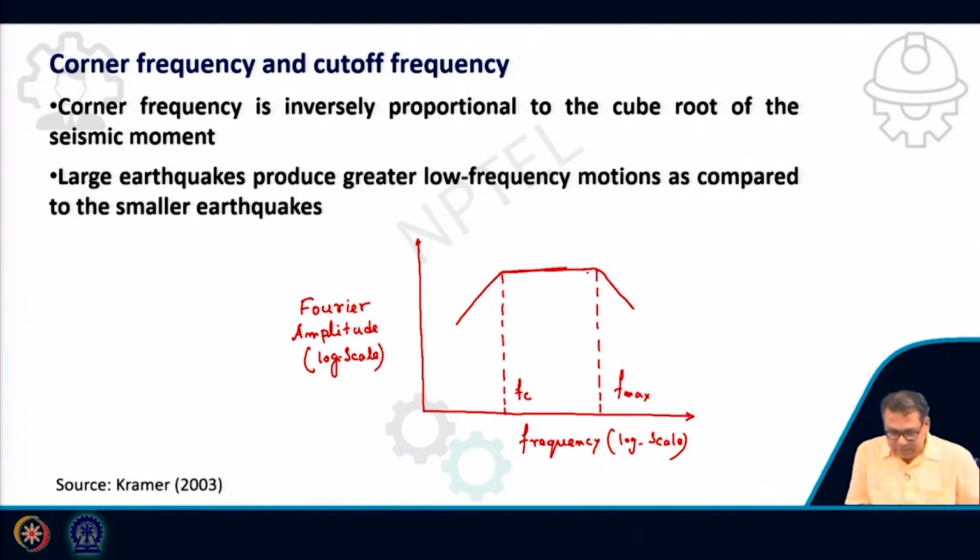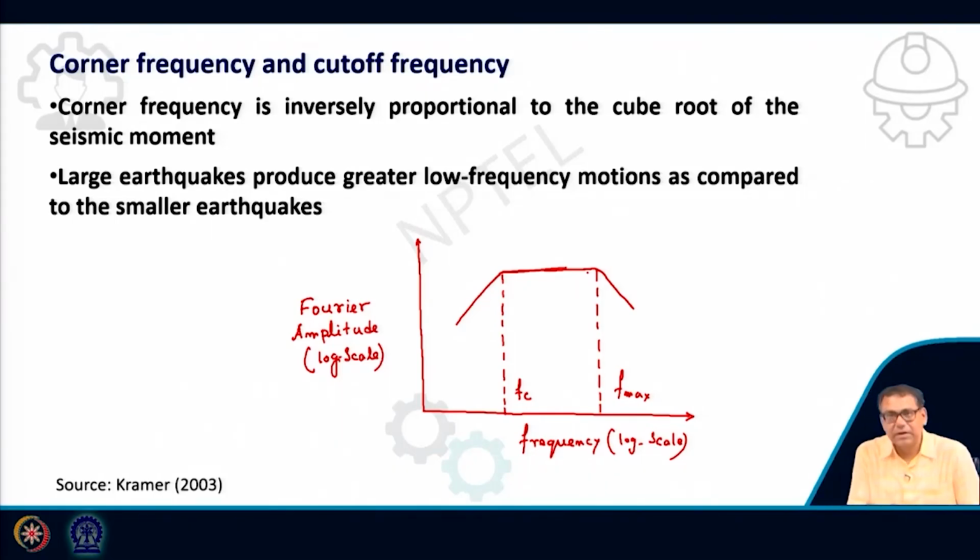So here if I plot them in log scale, the Fourier amplitude in log scale and the frequency also in log scale, then I can see that the largest Fourier amplitude is observed over an intermediate range of frequency.